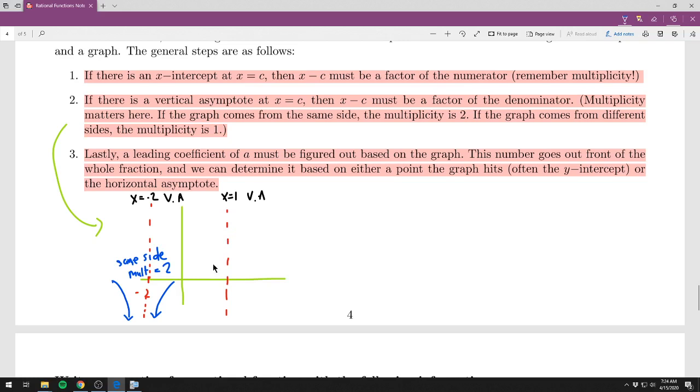If it goes towards the different sides, let's say at x equals 1, from the left it's going down, but on the right it's going up. So different sides, one's going to the bottom, one's going to the top.